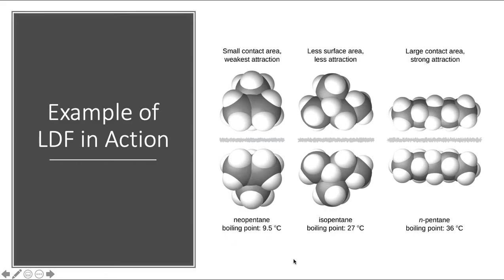So for the shape of molecules, you would be given the structure this way. Then you can say the more compact a structure is, the smaller the London dispersion forces will be. The more spread out, meaning the larger contact area, the larger surface area, the higher the intermolecular forces will be. That is how you compare these two.